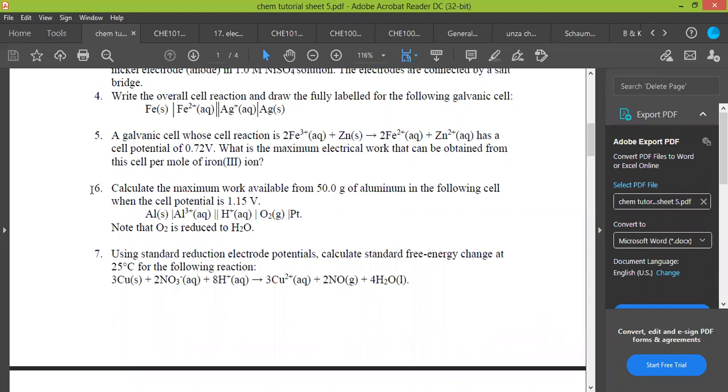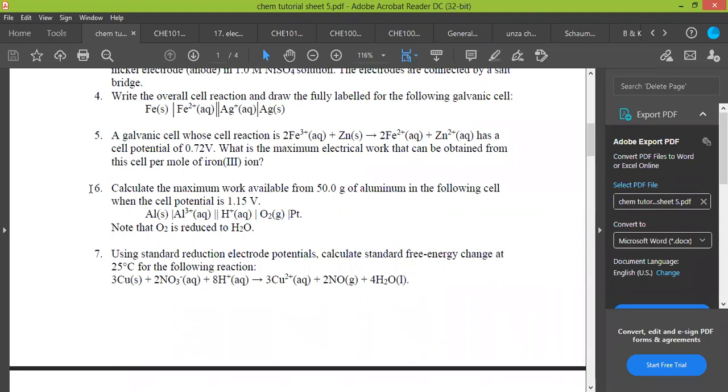So we will do moles of electrons of aluminium as 3, but we have been given the mass of aluminium, meaning aluminium was not at standard. And since aluminium is not at standard, you are going to use the moles of electrons that are resulting from 50 grams of aluminium.